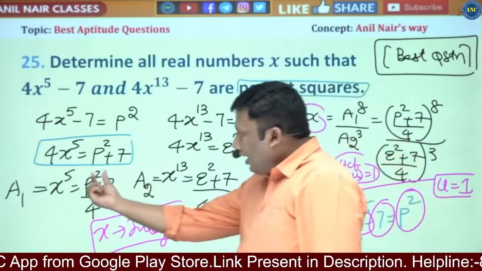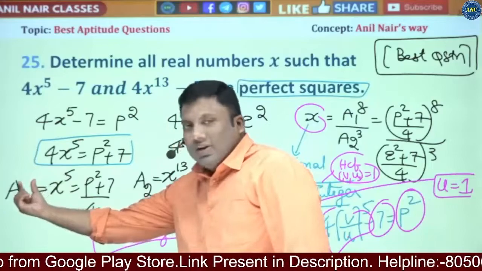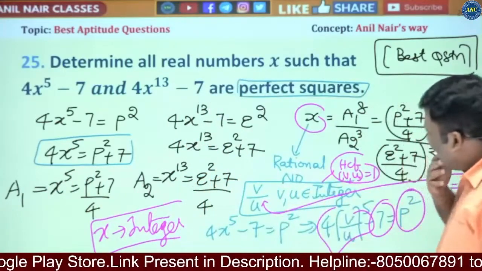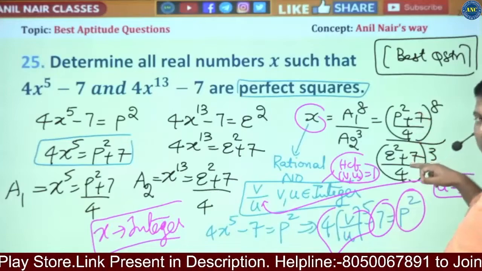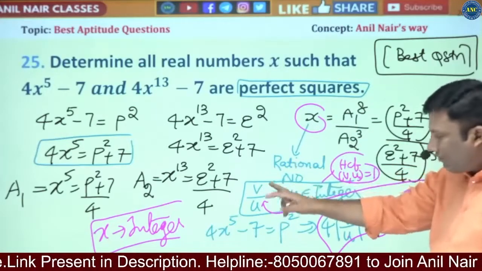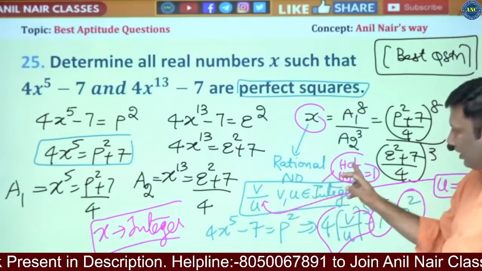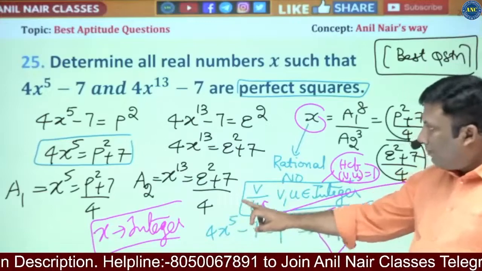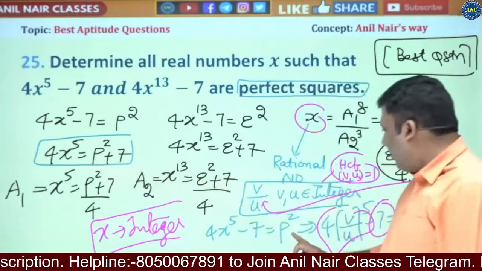I wanted an x value on the left side, so I did power 8 and power 3. Here there is a numerator and denominator, so x as a rational number has some form with numerator and denominator, both co-prime to each other. 4x^5 minus 7 is equivalent to p squared.